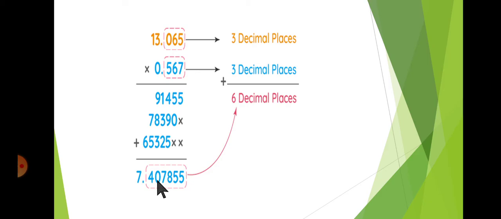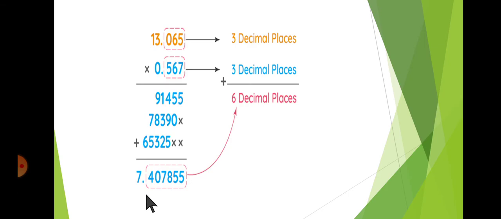Now you see, when you have both numbers in decimal form, 13.065 is a decimal, and the second number 0.567 is also in decimal form. So first, according to the first step, you ignore the decimal and simply multiply.